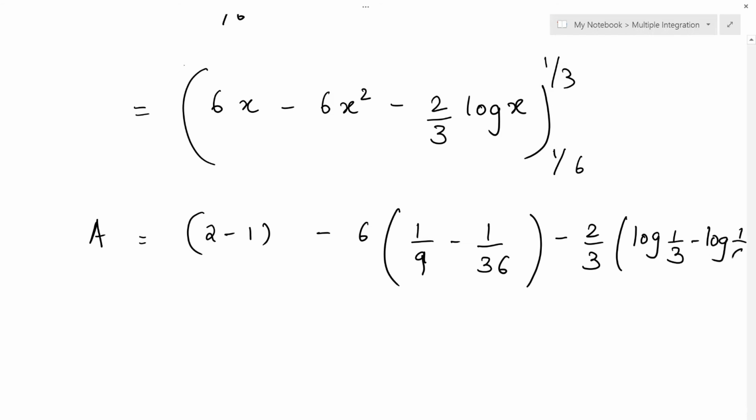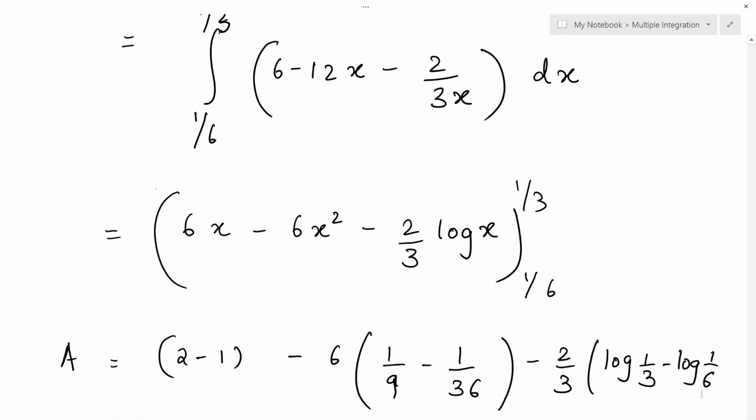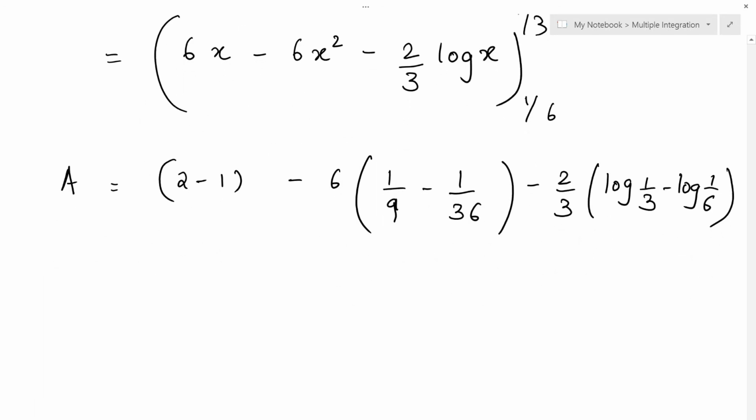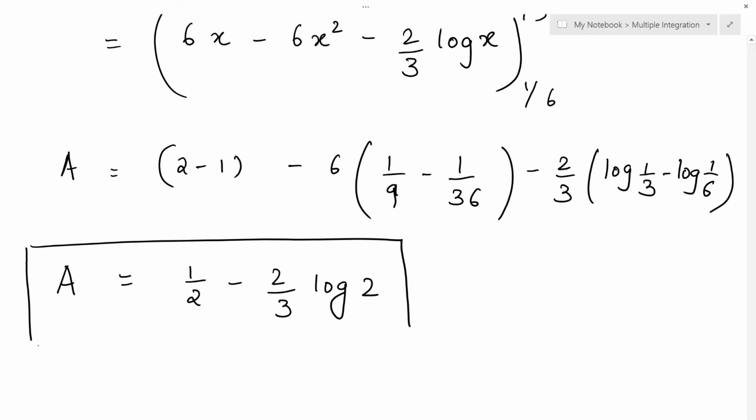Now log of 1 by 3 minus log of 1 by 6, and then multiplying, that will be log 2. Minus 1, if you take the minus sign out, this is 1 by 2 by 3 log 2. So this will be my area. You can check after simplifying.